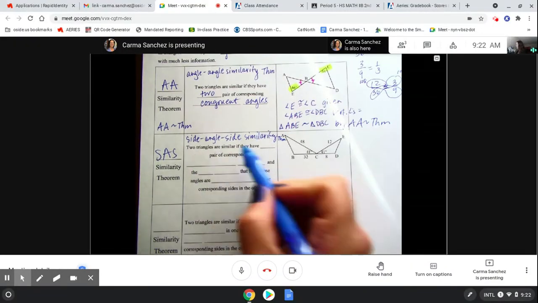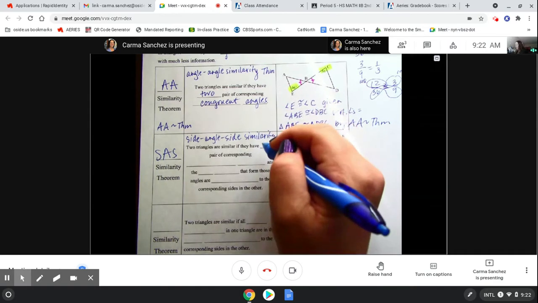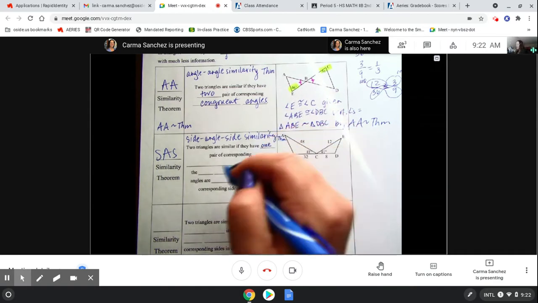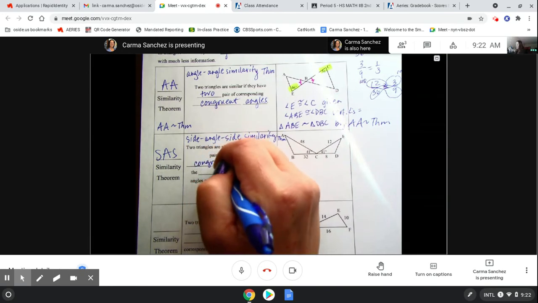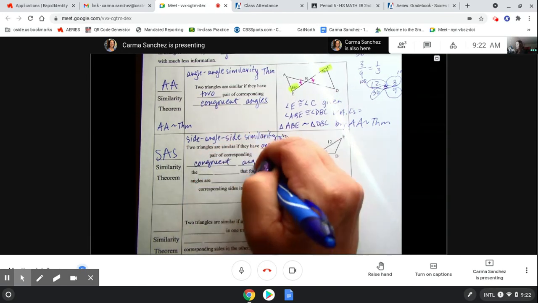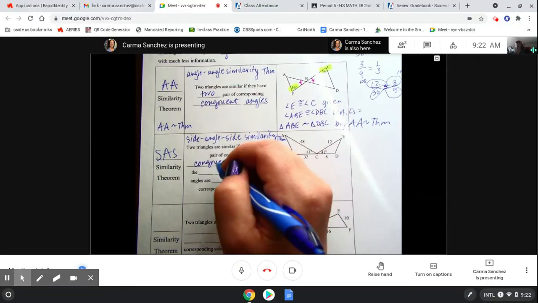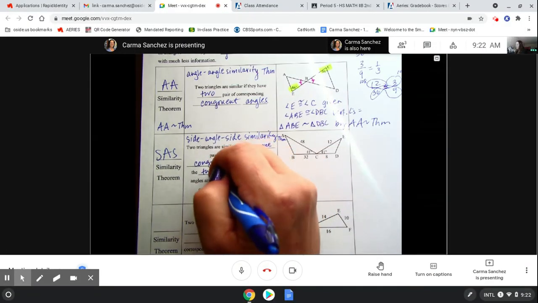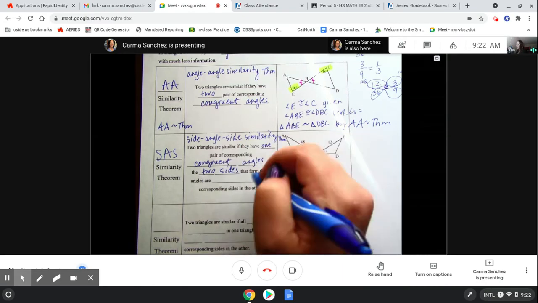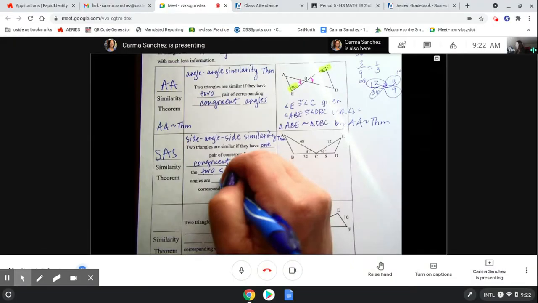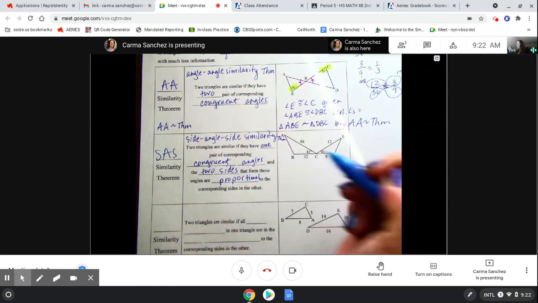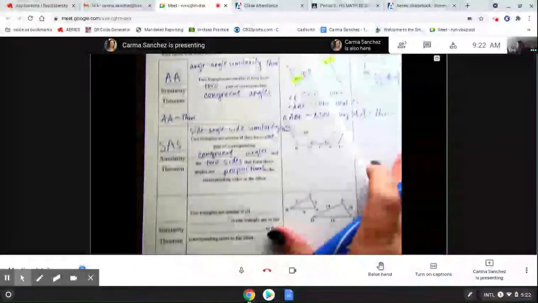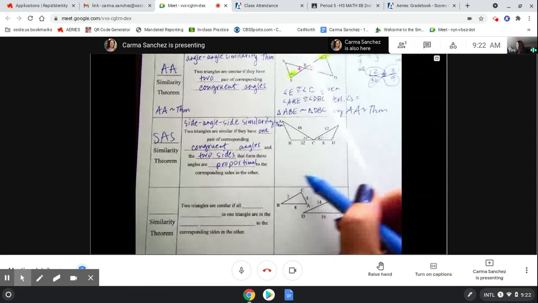This one says that two triangles are similar if they have one pair of corresponding congruent angles and the two sides that form those angles are proportional to the corresponding sides in the other. So let's go do a little proof for this one.